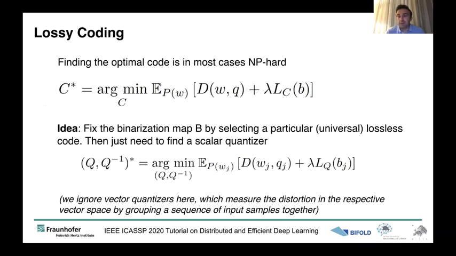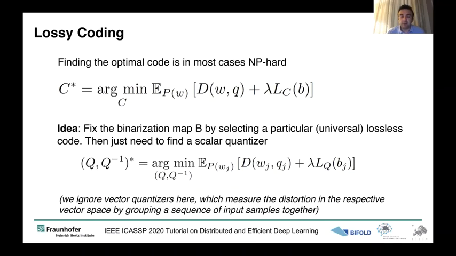If we select the universal lossless code, then we just need to find a scalar quantizer Q and optimize this rate distortion term. Here we just treat scalar quantization and ignore vector quantization, which is more complicated and often not used in practice due to this additional overhead.